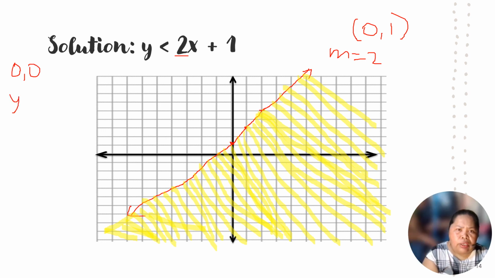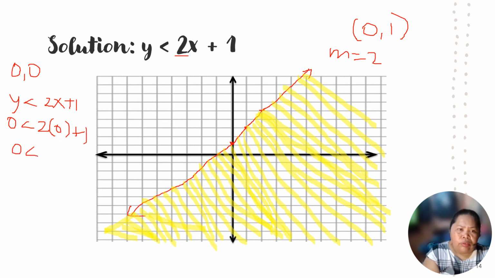So from y is less than 2x plus 1, we got 0 less than 2 times 0 plus 1. Therefore, 0 is less than 1. So our solution is false. That's why we are correct, we have the correct graph. We need to shade below the graph. Okay. Thank you so much.